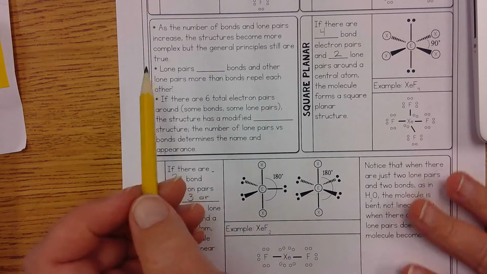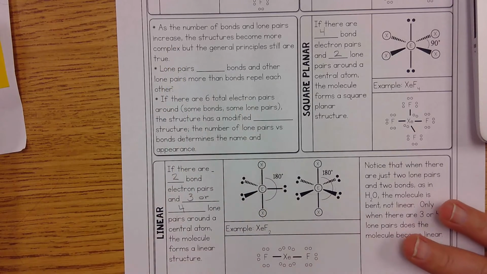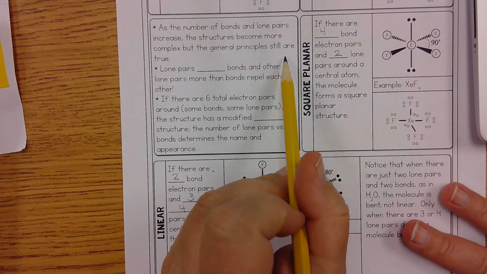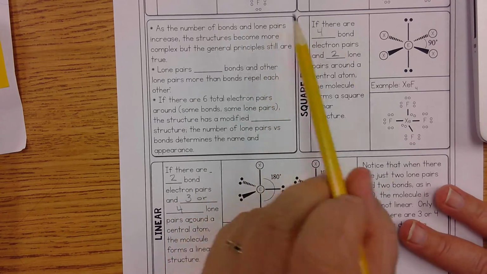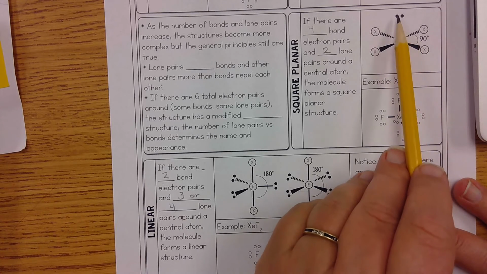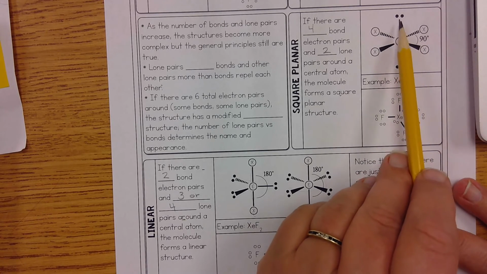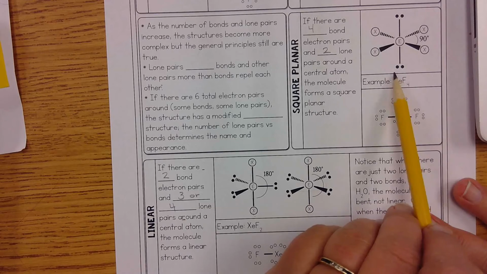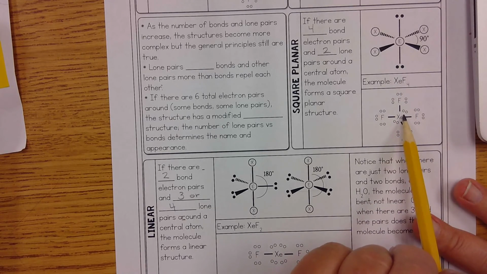All right, so let's kind of fill in these notes here. As the number of bonds and lone pairs increase, the structures obviously become more complex, but same general principles. We're trying to keep everything as far away as possible and still have it be connected, and the lone pairs take up more space. Right?